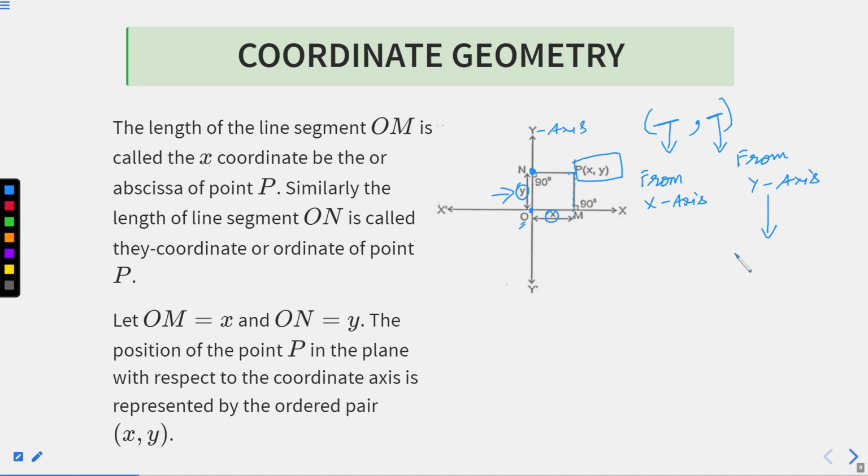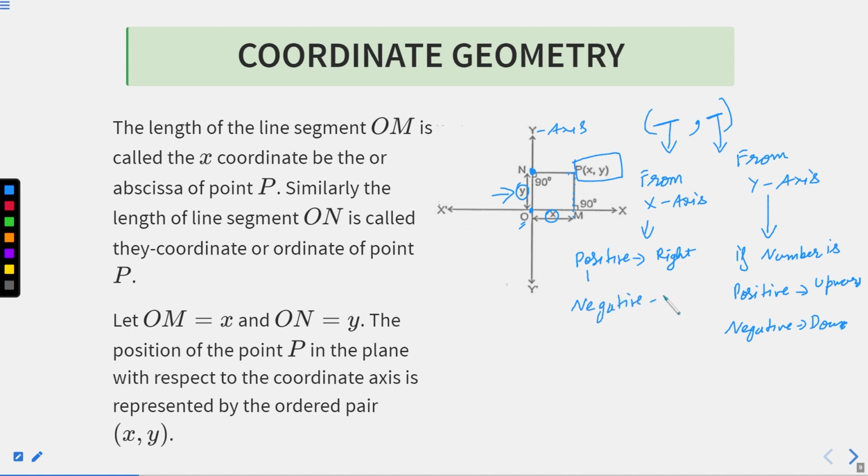There are two cases: if the number from the y-axis is positive, it means upward; if negative, it means downward. From the x-axis, if positive, it means right side, and negative means left side. Clear? Okay, let's move.